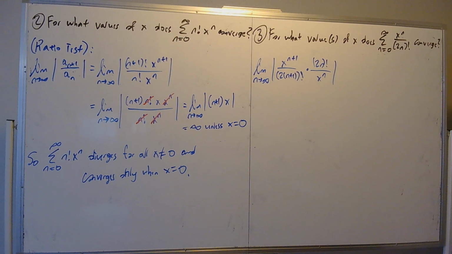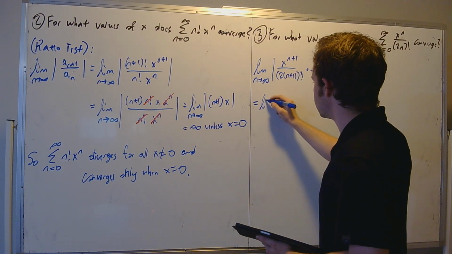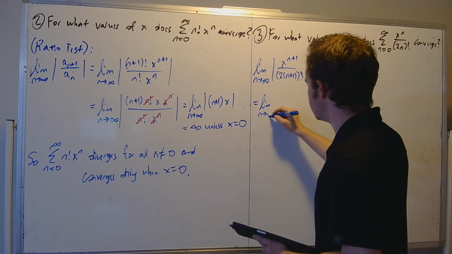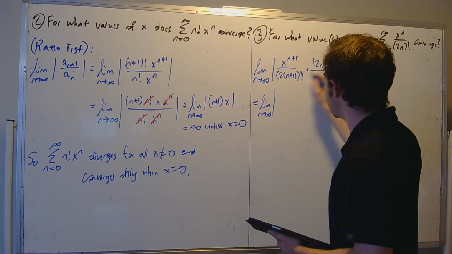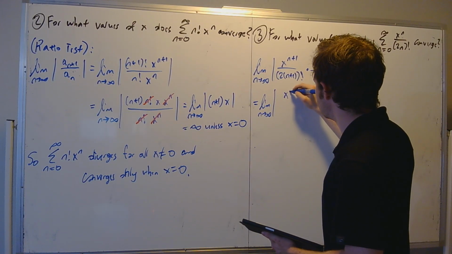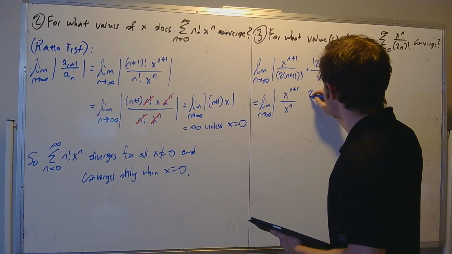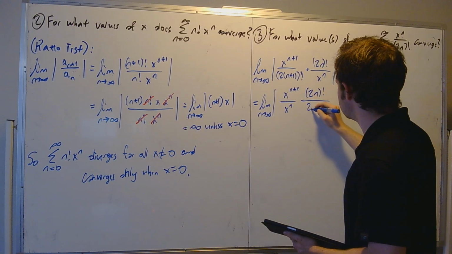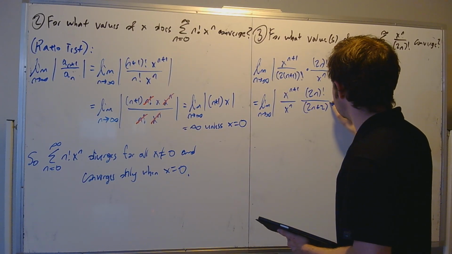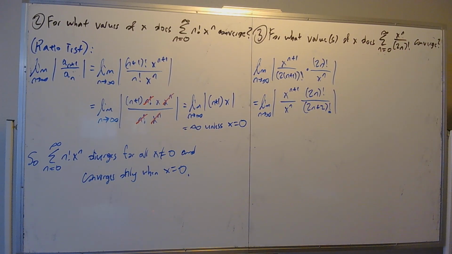Okay. So now we just got to multiply these things out, because this is going to be equal to the limit as n goes to infinity of the absolute value of, I'm going to just rearrange things, x to the n plus 1 over x to the n times 2n factorial over 2n plus 2 factorial. Okay. And now again, we just do the same thing that we did over there.